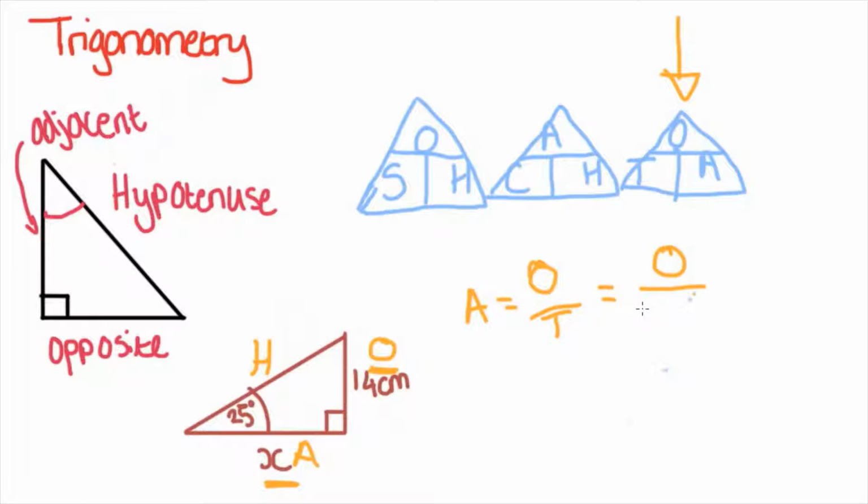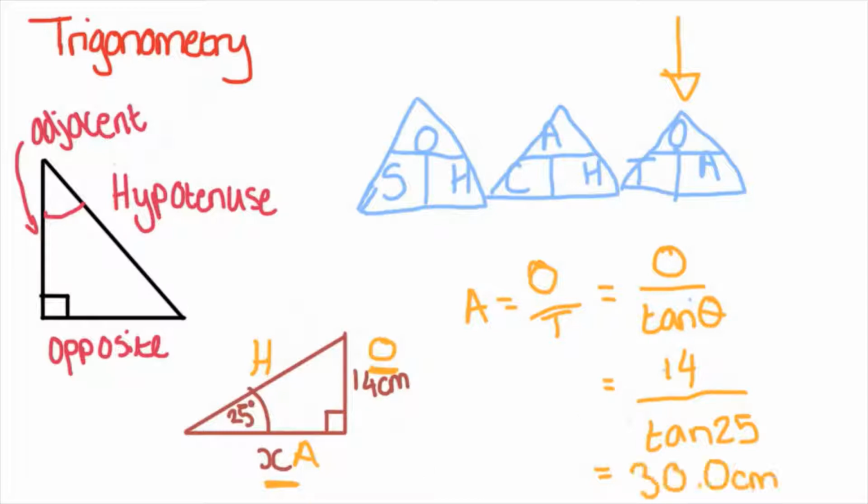T stands for tan theta, where theta is the angle that we're interested in. So plugging in the numbers, O is 14, and then we divide that by tan 25. And then plugging this into our calculator, we find that our final answer is 30.0 centimetres.